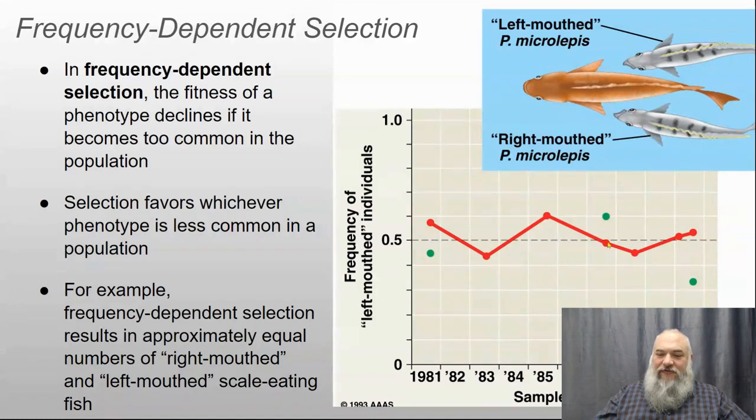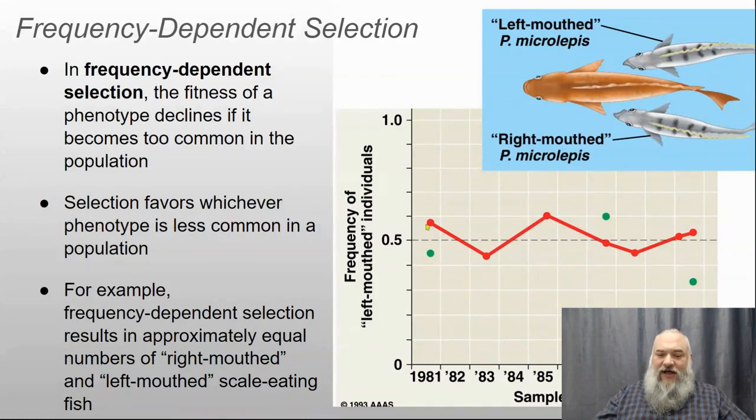So if we got a lot of these left mouth ones, they're feeding on this side a bunch, and if there's too many of them, this side of all their prey fish loses all their scales and they don't have food. So the ones who are going to produce more in the next generation are the ones down here who are in a smaller frequency in the population, because there's more food available to them. So in the next generation, there's going to be more of these and fewer of those.